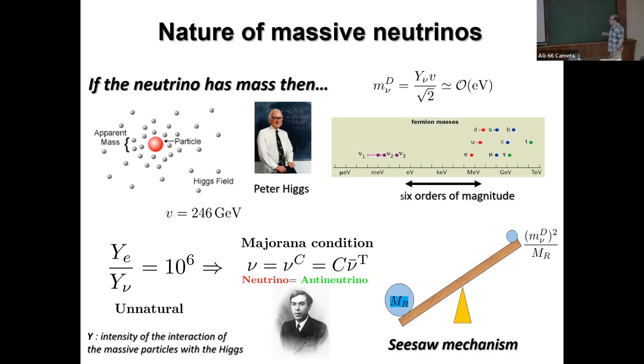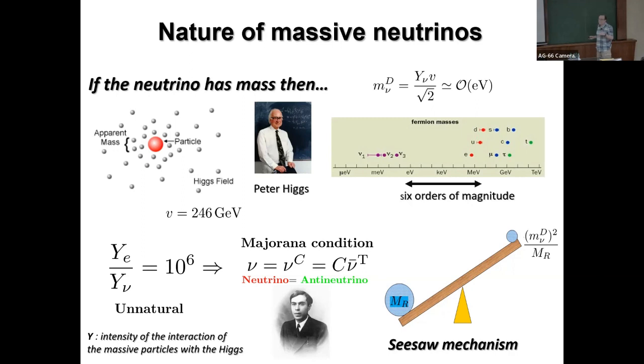So for that purpose, Majorana appears, who proposed a very interesting idea. He proposed that the neutrino and antineutrino are the same. They are not different.